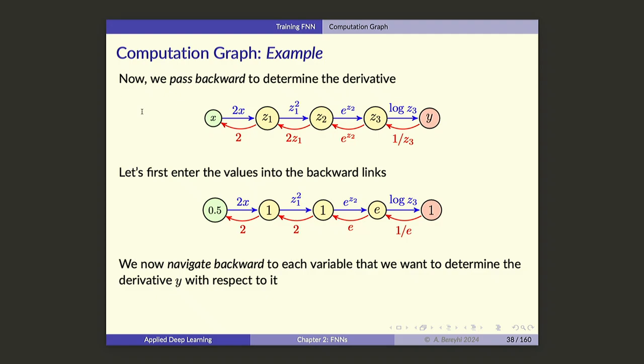So this is why I told you, you need to first pass forward and calculate every single node on this computation graph, and then you can pass backward, right? So you can calculate the value of each backward jump on this graph. And then finally, when you want to calculate the derivative between 2 points, you just multiply everything in between.